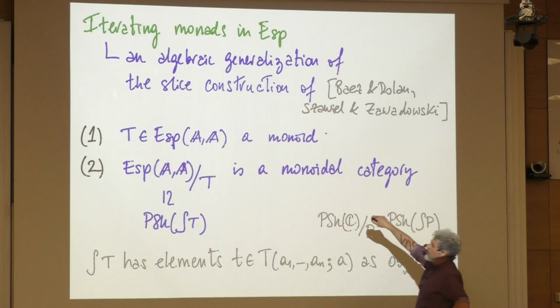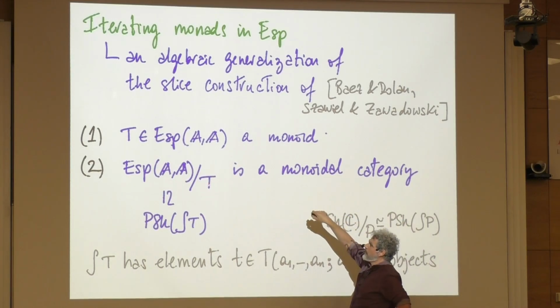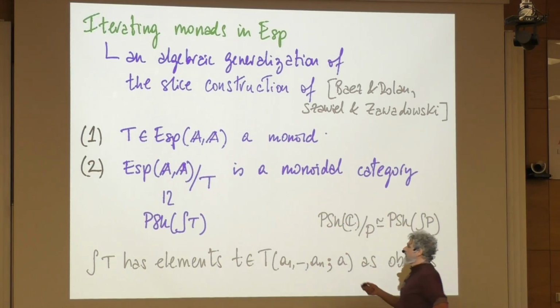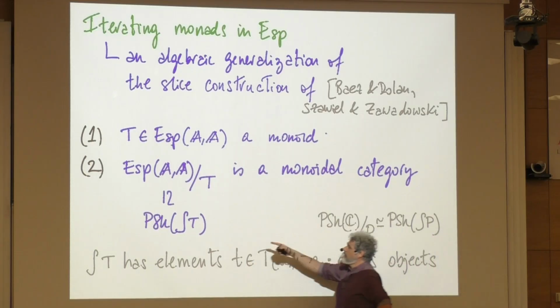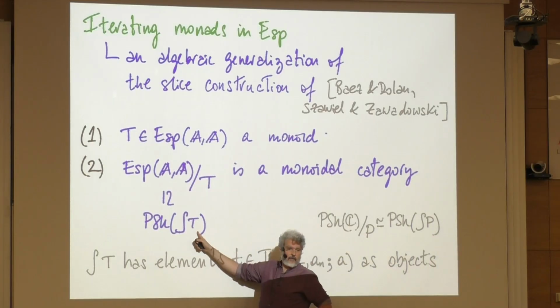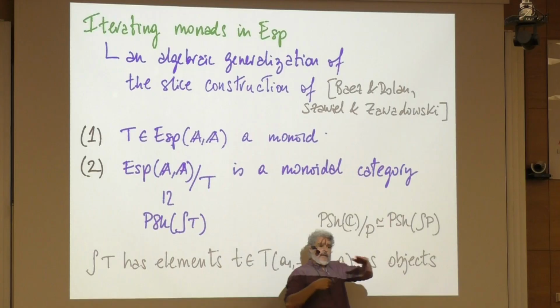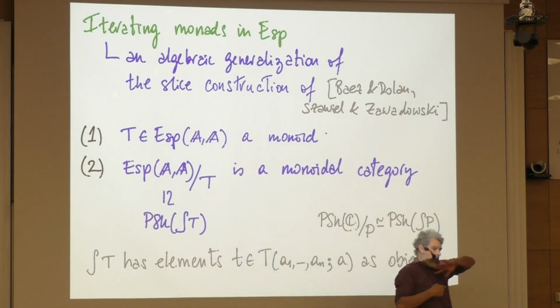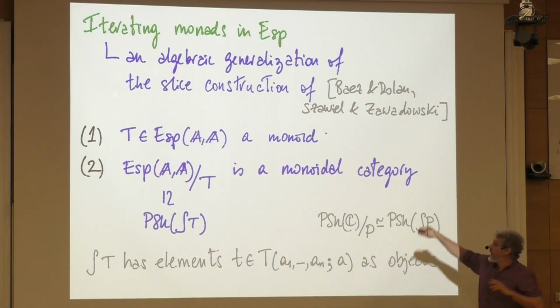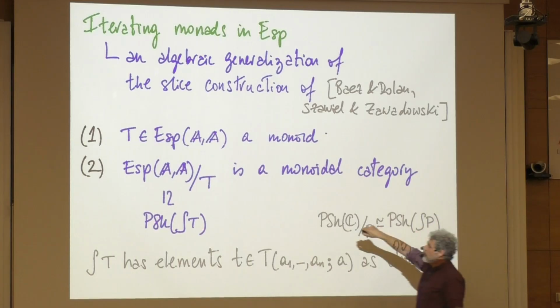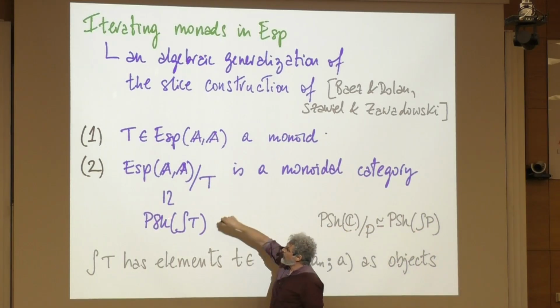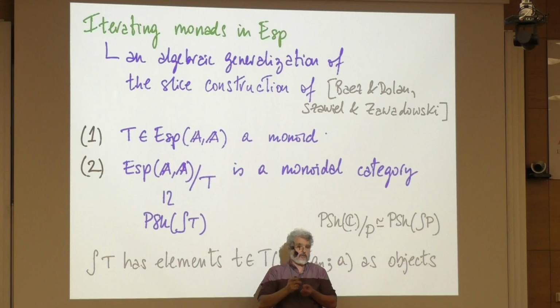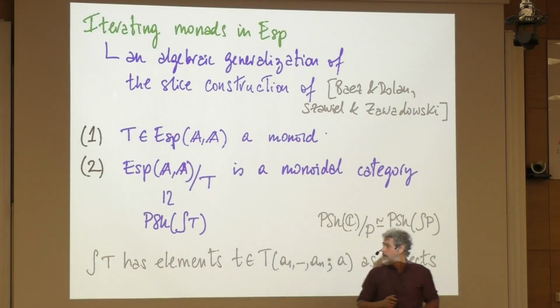This monoidal category, because I'm slicing a presheaf category over some presheaf, I can see it itself as a presheaf category over the category of elements. And now we see how we pass from looking at category A to looking at the category of elements of T, which is nothing but the operations of T. Okay.